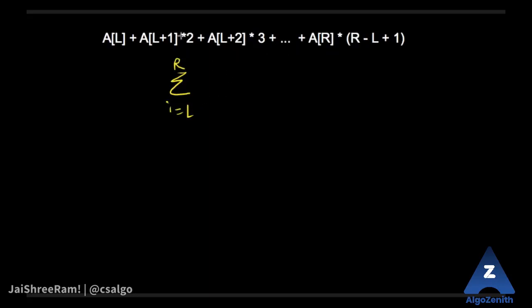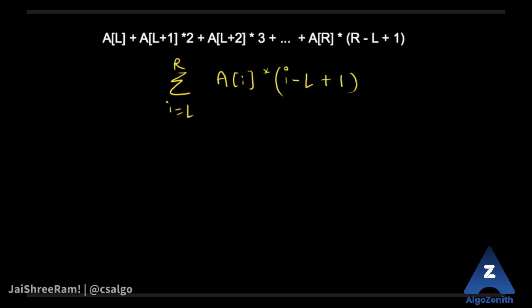We'd have A of I, because for L to R, A of I is there, and every A of I is getting multiplied with I minus L plus 1. For the first term, I will be L, this will get to 0, so you add 1. You can see that this is the term being multiplied with all the ith terms in the sequence, and if you put I equal to R, that satisfies the last term. So this is the general expression.